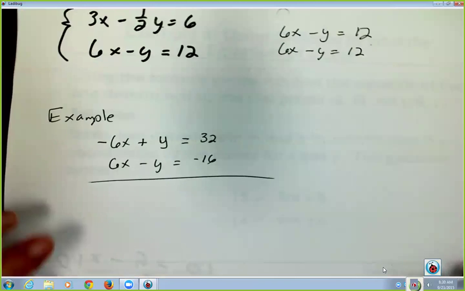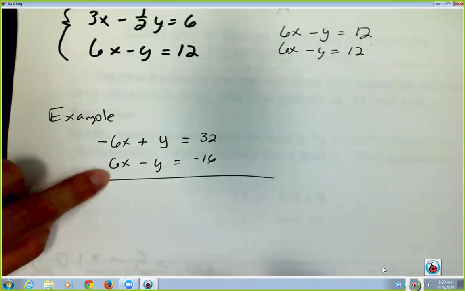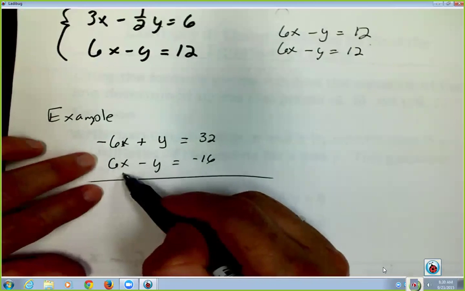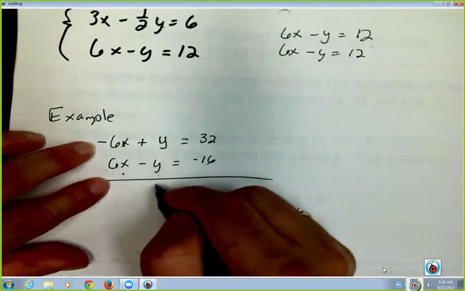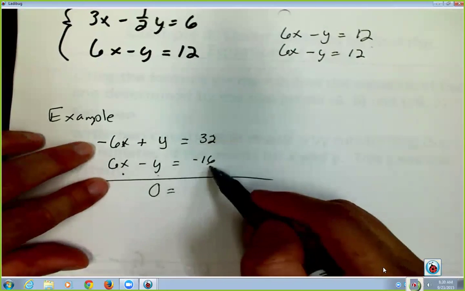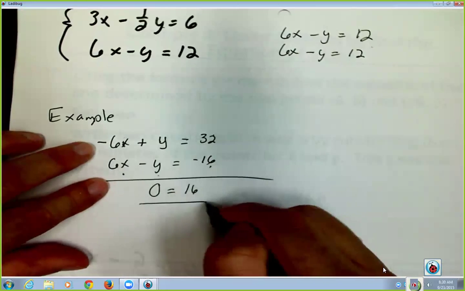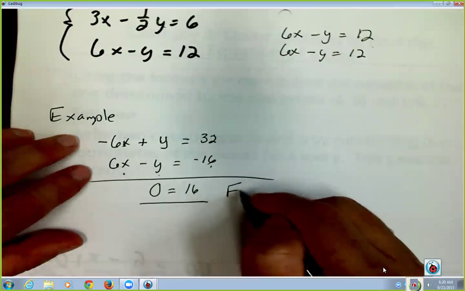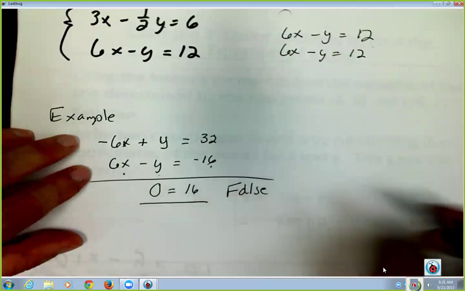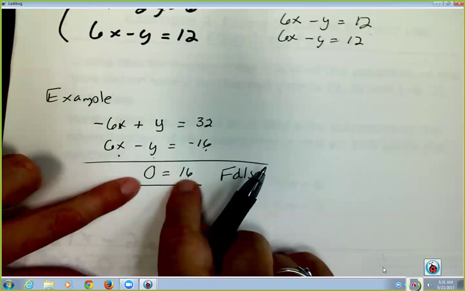So if we said we're getting rid of x's, all x's will disappear, all y's disappear, but when you do your numerical part, you're left with a false statement. 0 is not equal to 16.